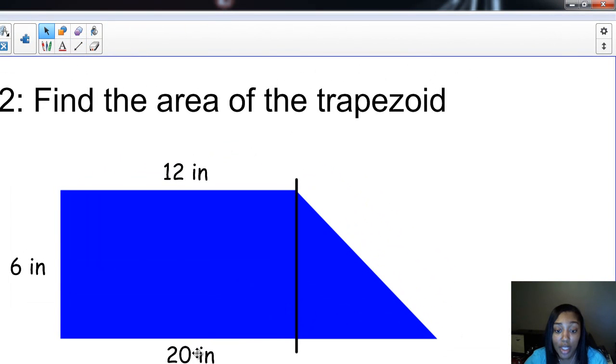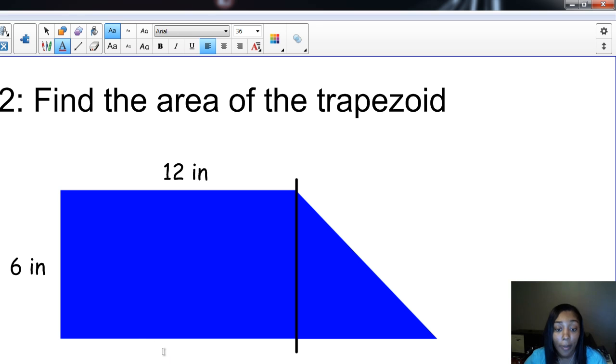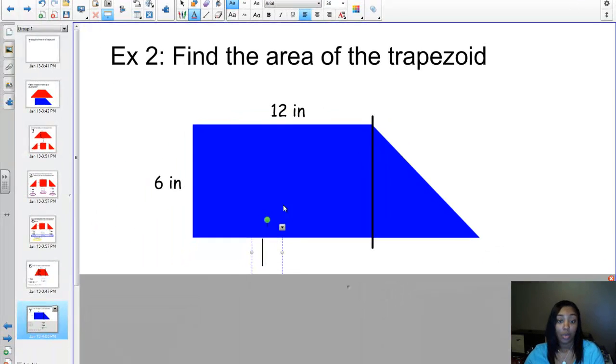So that means if this piece here is 12 inches, then that means if the whole thing is supposed to be 20, and if this piece is 12, then the base of the triangle has to be 8 inches, because together it has to still equal that 20 inches.